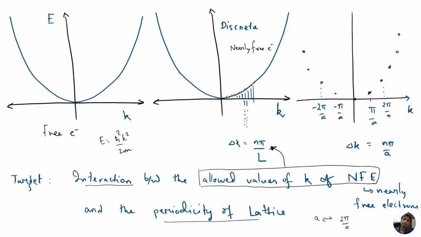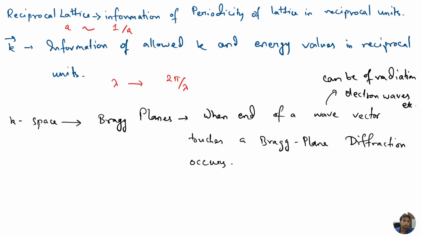How will this interact with the electrons which are nearly free? This can correspond to the de Broglie wavelength of those nearly free electrons, and they will interact with the periodicity of the lattice. So now what we are going to see is how the electrons will see that periodic lattice.